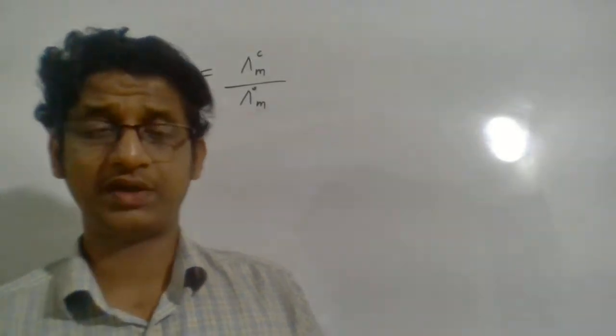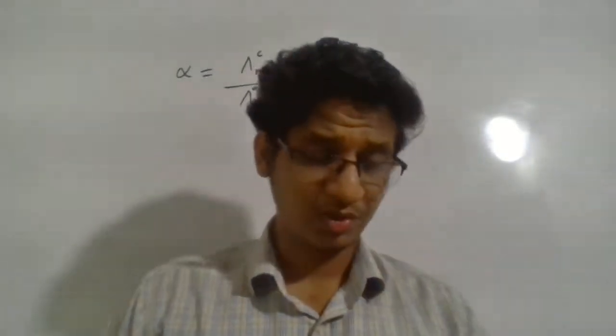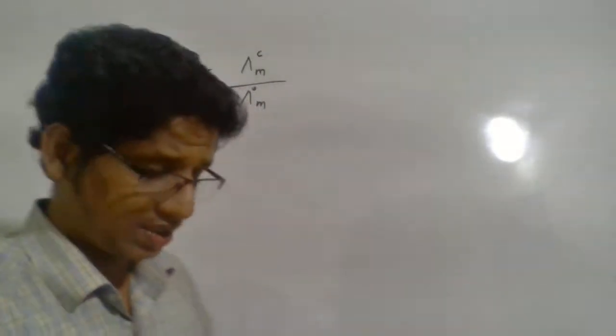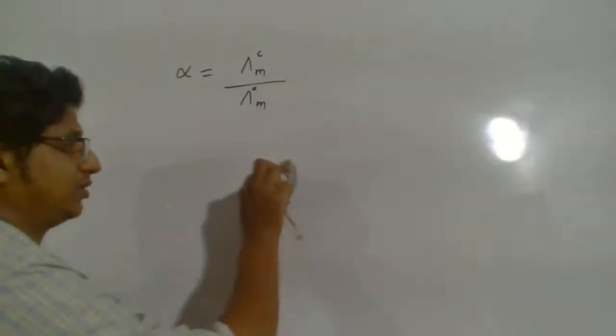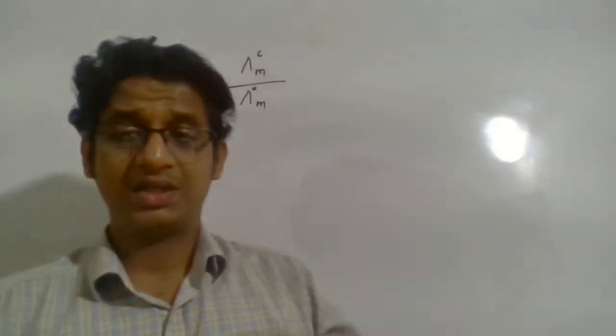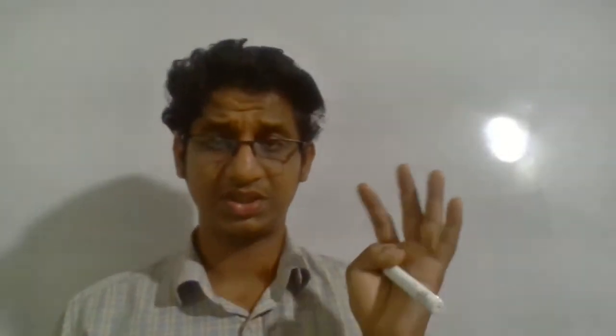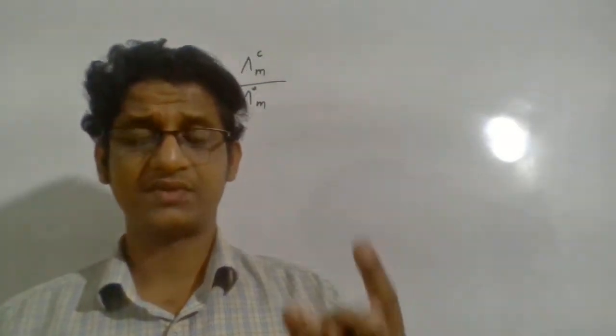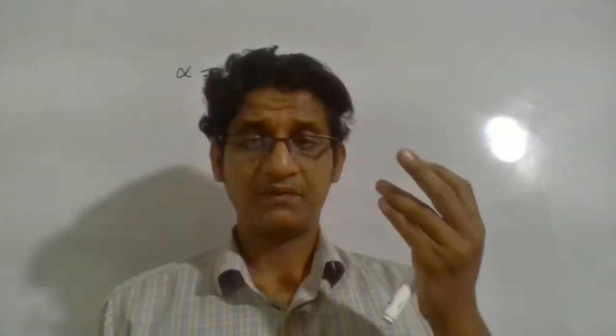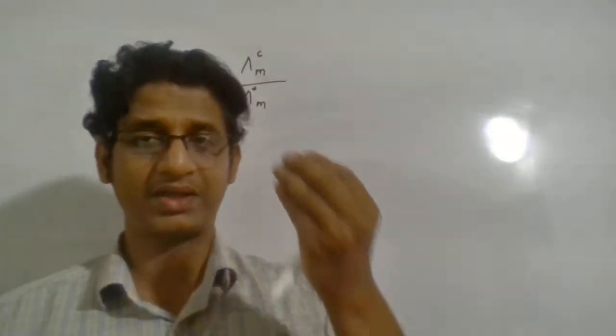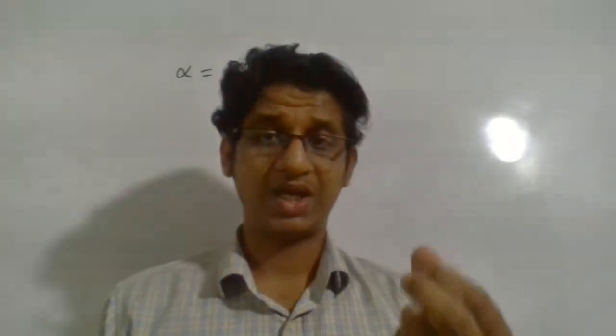Just as with molar conductivity, the equivalent conductivity also varies. Please remember that molar conductivity increases with dilution, as we saw for strong and weak electrolytes. Similarly in the case of equivalent conductivity, because the difference between equivalent conductivity and molar conductivity is that we're talking about 1 mole of an electrolyte in molar conductivity, while we're talking about 1 equivalent of an electrolyte in equivalent conductivity.